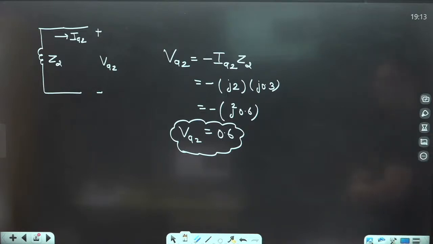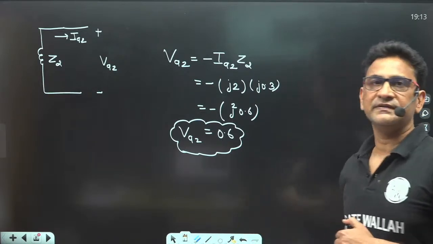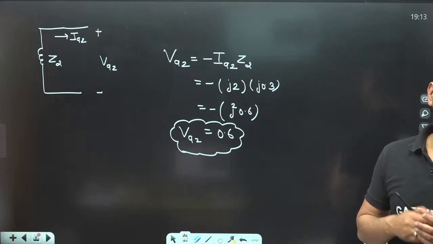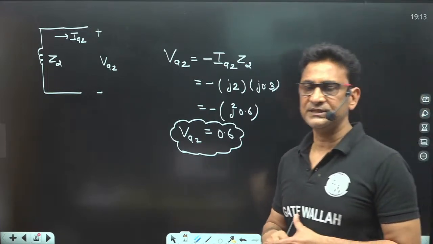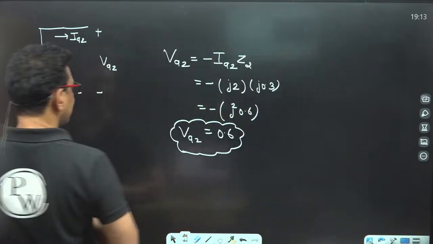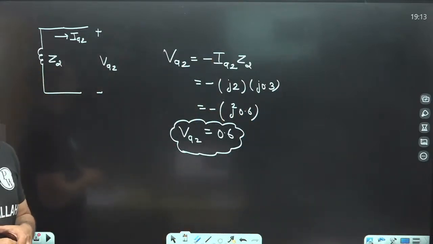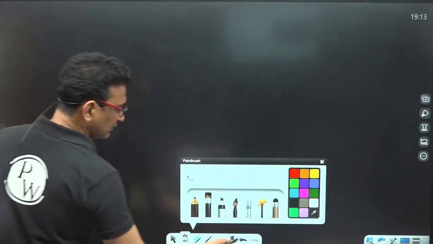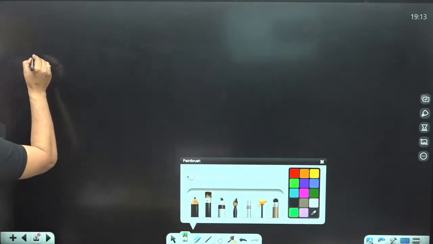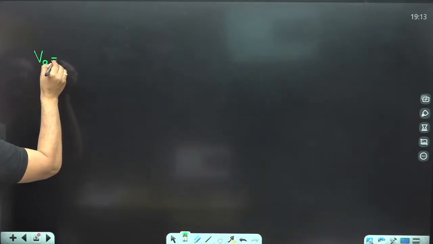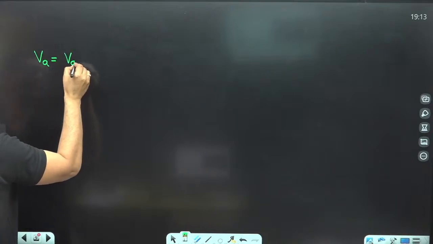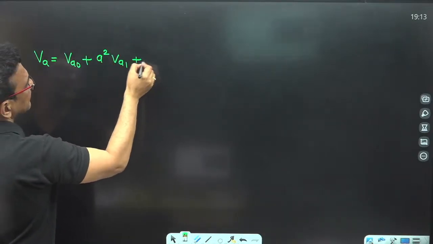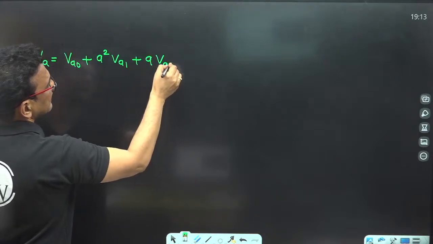Clear? Once you know the sequence voltage and the sequence current, you can easily find out the phase voltages, because you know the relationship between the phase voltage and the sequence voltage. See, VA is nothing but VA0 plus a square VA1 plus a VA2.